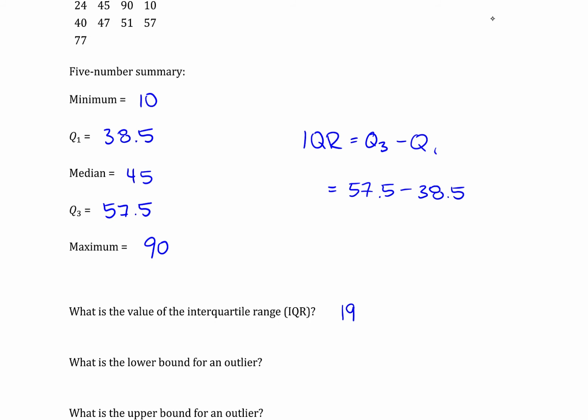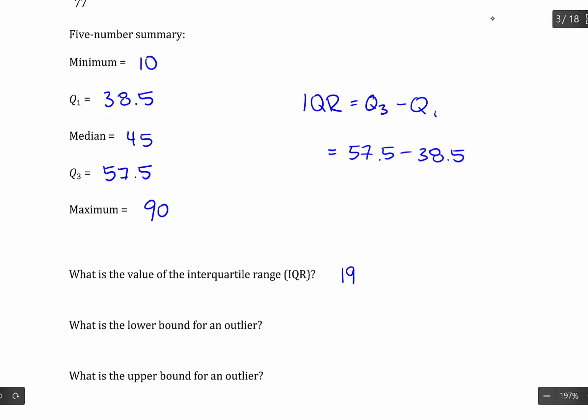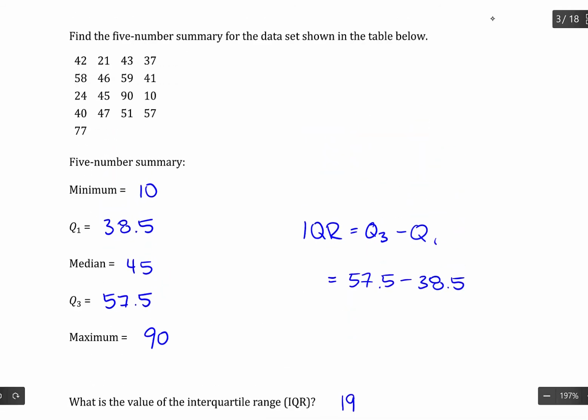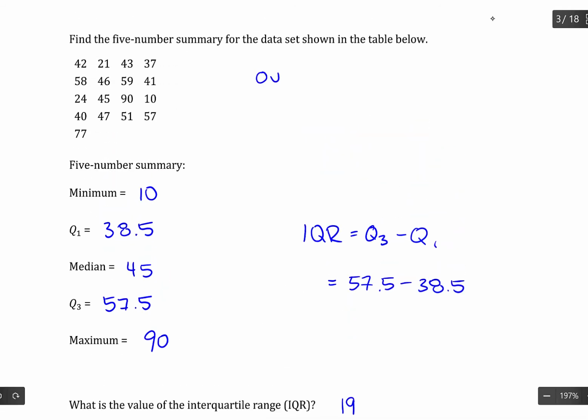What is the lower bound for an outlier? Okay, so when it comes to the bounds of outliers, if we take Q1 minus 1.5 times the interquartile range, that's the lower bound for an outlier.